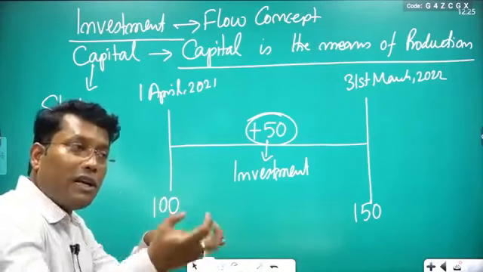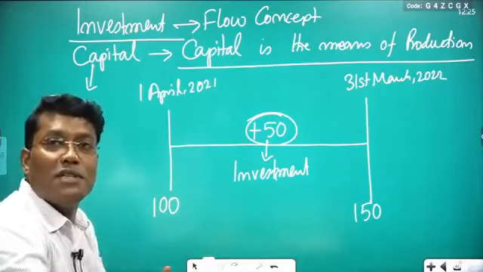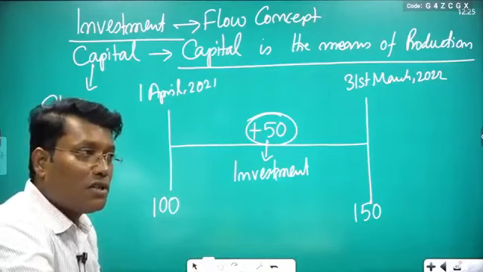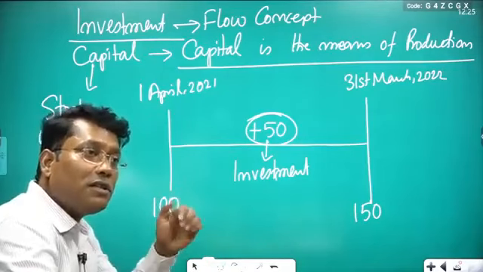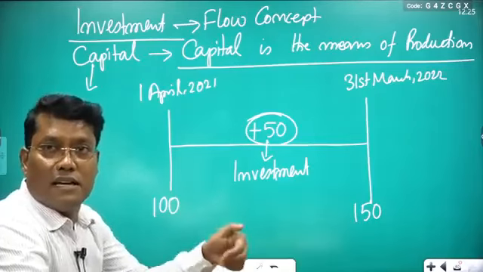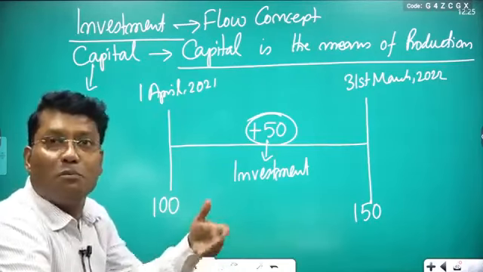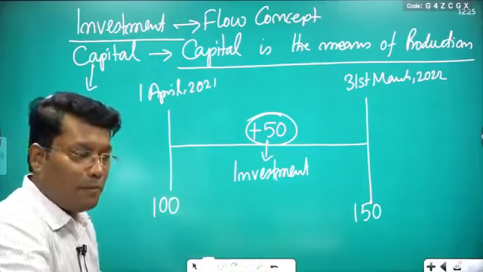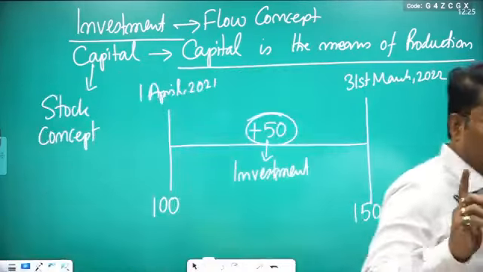The moment you are adding or forming new capital, that is known as investment. So why do you want to invest? Because investment is going to create more capital in the country, the economy or the state, which is going to increase the production potential. Clear? Fine to all?